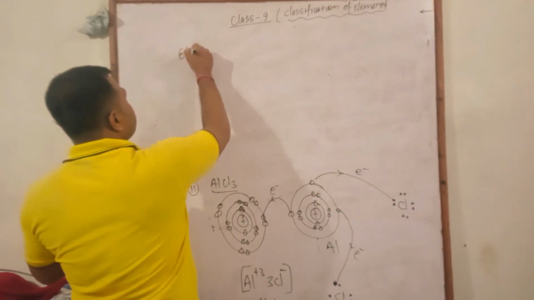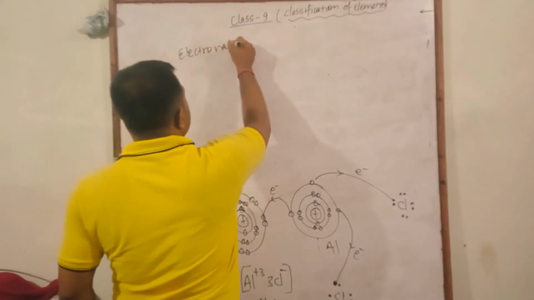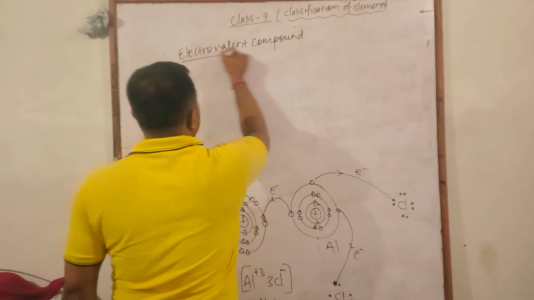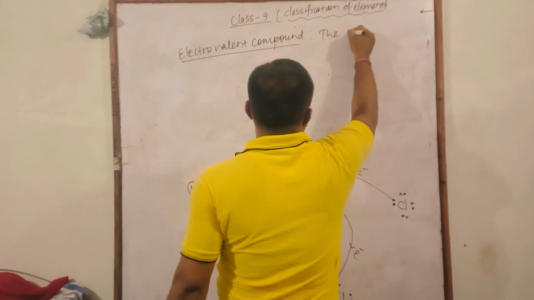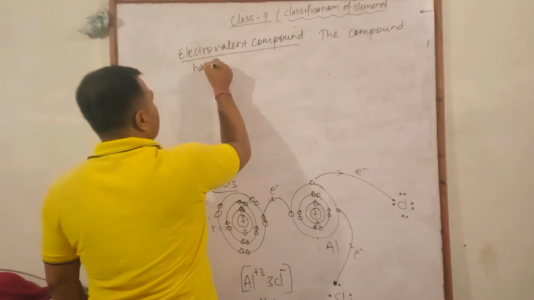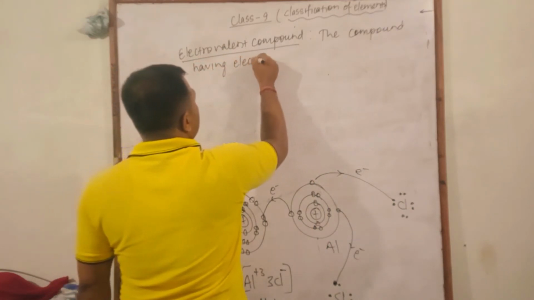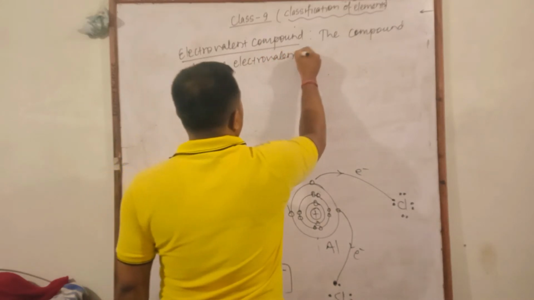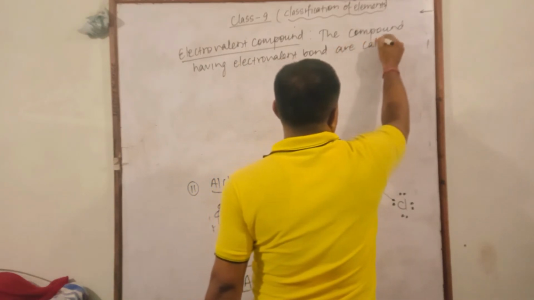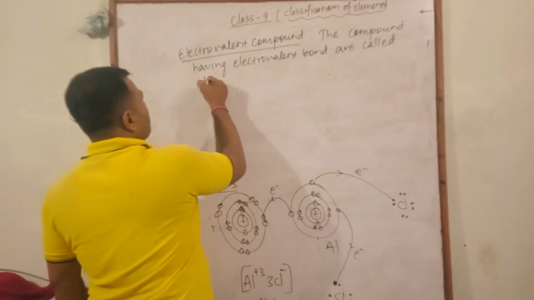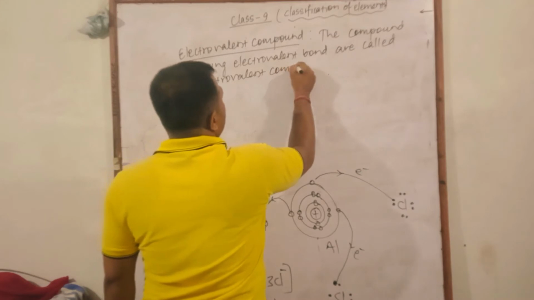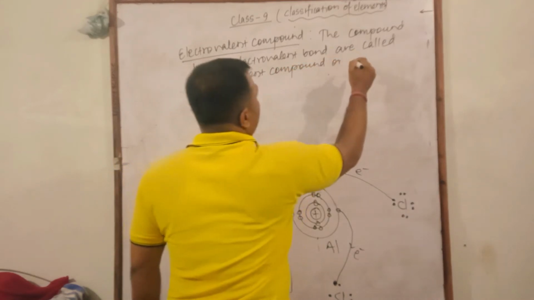Here we write: a compound having an electrovalent bond is called an electrovalent compound or ionic compound.